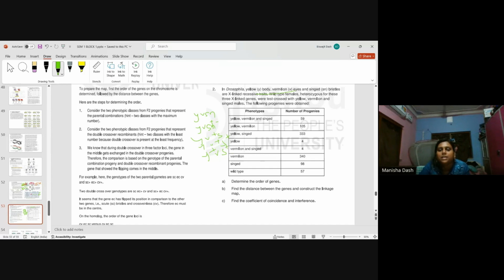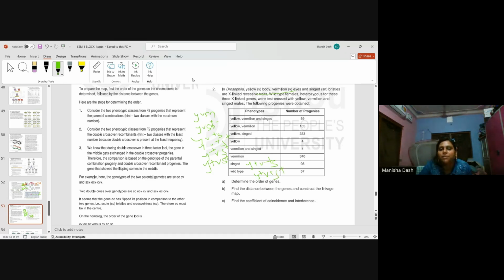Okay. Then here, since it is only vermilion, it means Y plus, V and S plus. Only cyan means Y plus, V plus, S. This is wild type, which means Y plus, V plus, S plus.